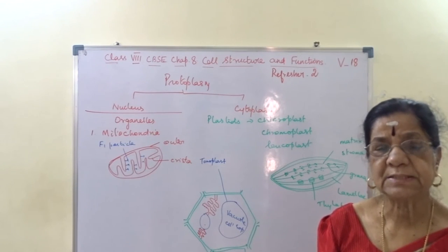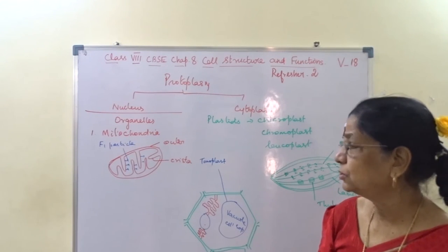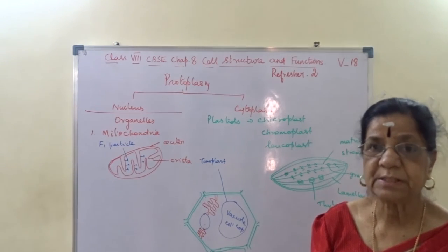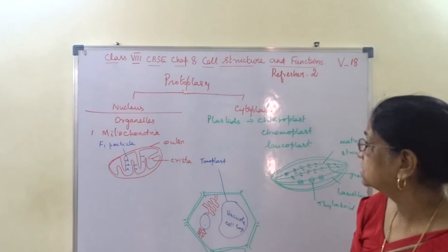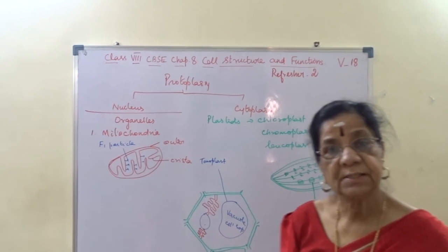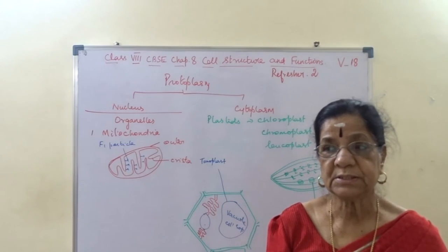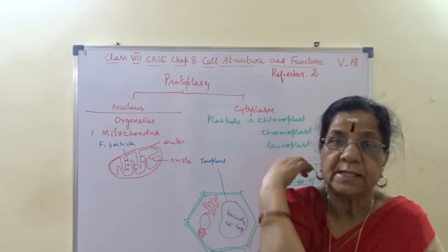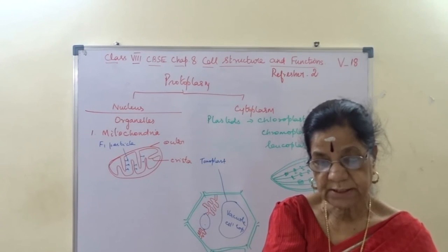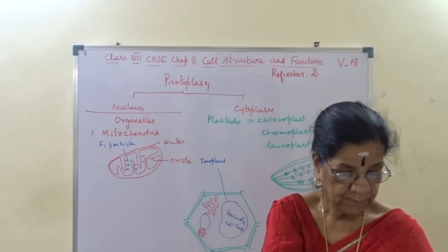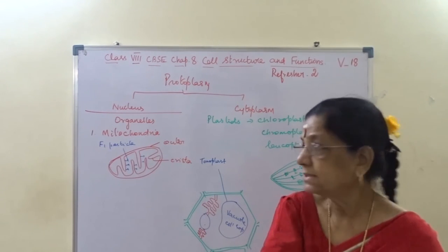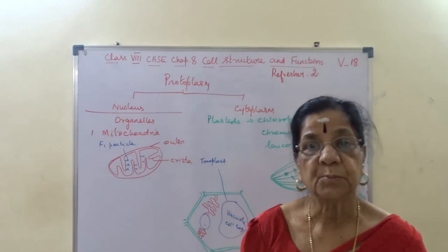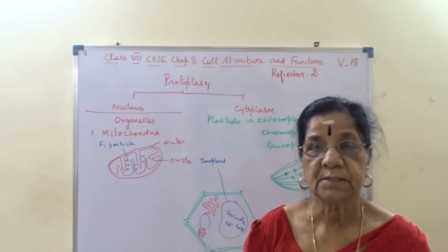Then in the cytoplasm, the cell organelles: mitochondria, Golgi body, endoplasmic reticulum, lysosome, ribosome, plastids, and centrosome. This lysosome is also known as the suicidal bag, where it digests or engulfs all the destroyed and worn out tissues. And then we are learning about the structure of the nucleus as prokaryotic and eukaryotic nucleus.